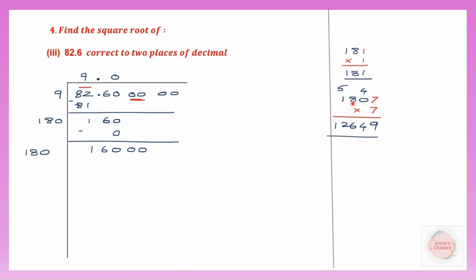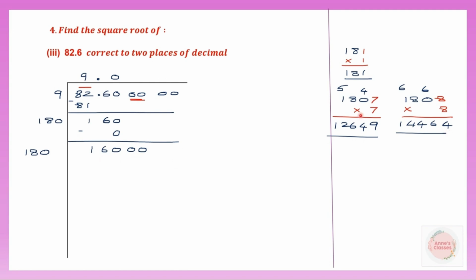Let's put 8 next to 180. So let's try. We have 180. Now let's put 8 next to it and multiply by 8. 8 eights are 64. Carry 6. 8 zeros are 0, plus 6 is 6. 8 ones are 8, plus 6 is 14. So now this number 14,464 is closer to this.